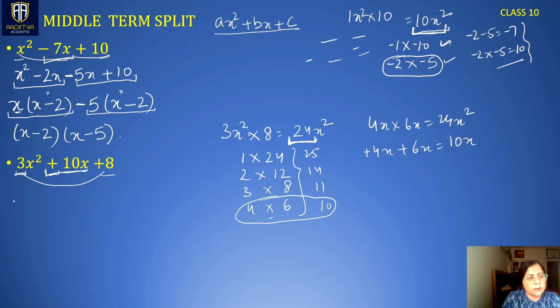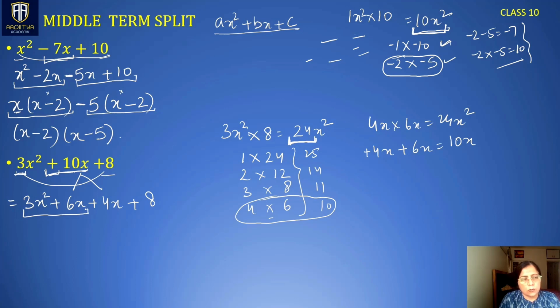Now we factorize this. This is 3x square plus, we can write either of these two numbers first, 6x plus 4x, and then we can write 8. We have just given a split to the middle term.